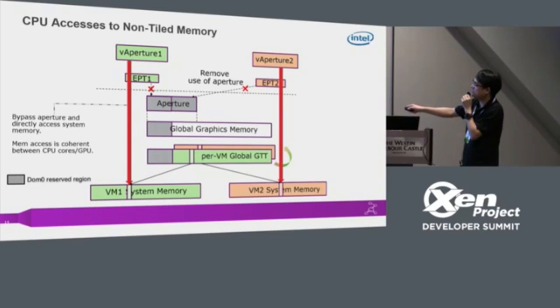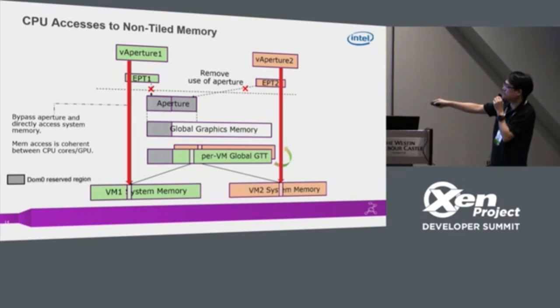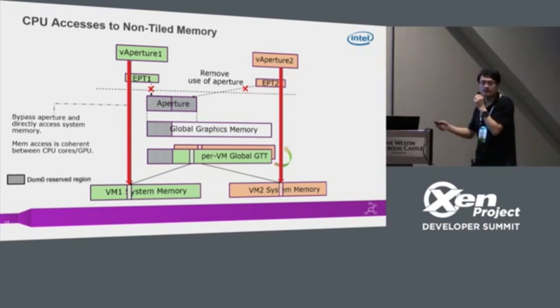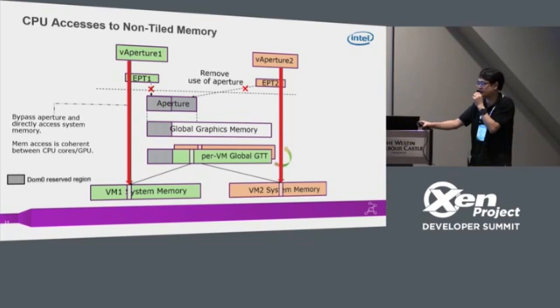We just prepare the EPT tables for that vCPU and for that guest. So when the guest is trying to read the frame buffer or the graphic memory, it just goes into this EPT table, bypasses the graphics path, and goes directly to the system memory. By this way, CPU access will always bypass and go to the system memory directly.